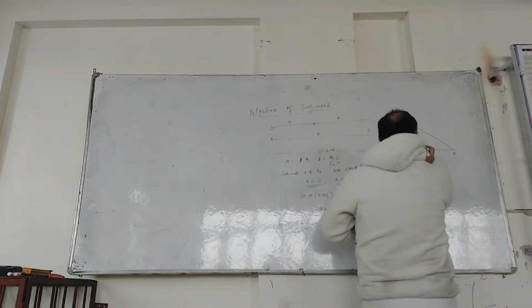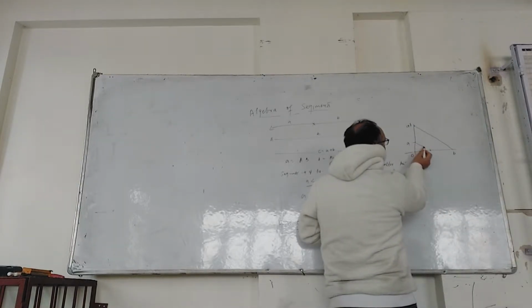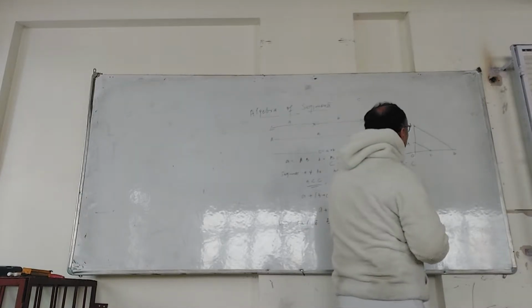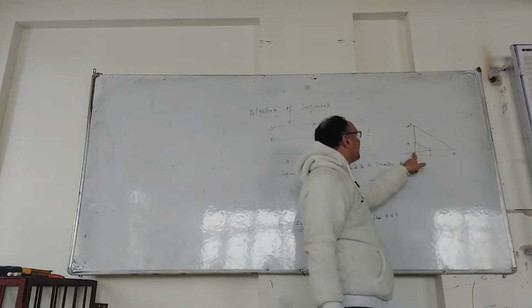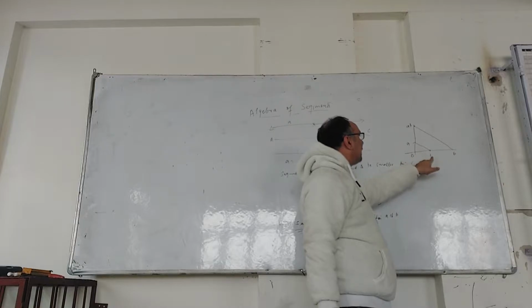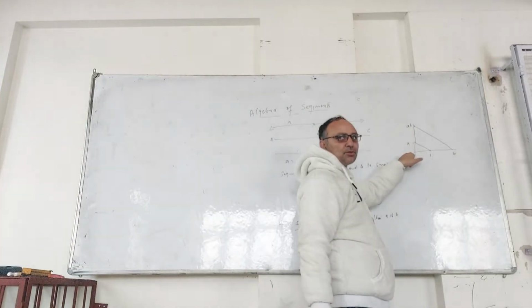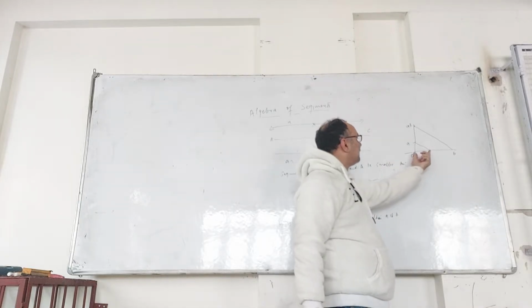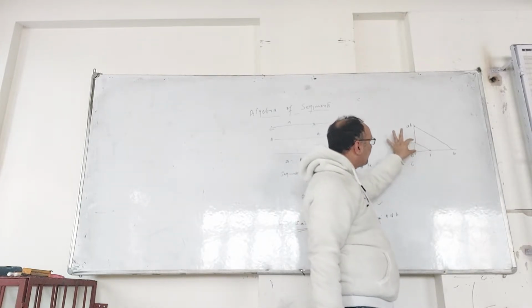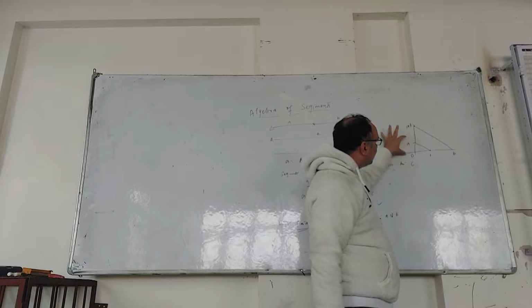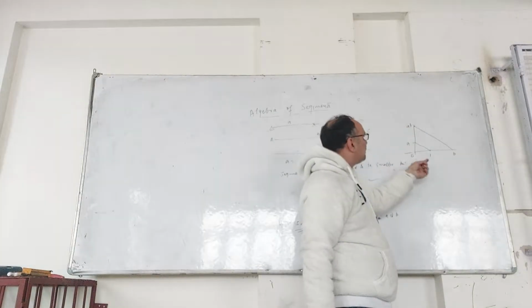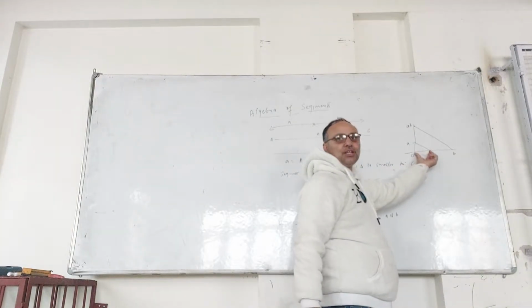So if you draw it like this, a line, and from this line there is another intersecting line which is perpendicular to this line, you define this segment, which is equivalent to this unit.